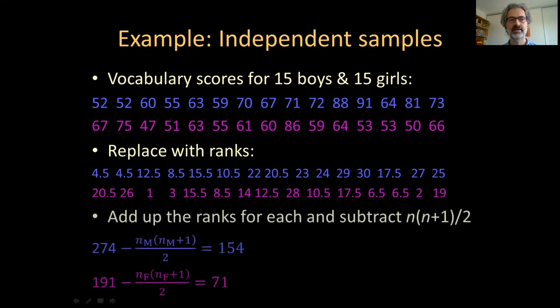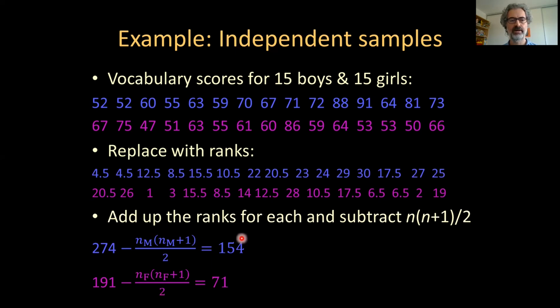So what we can do next is to add up the ranks for one group. So add all these up. The sum of these numbers is 274. And then we subtract from this number this factor here. So this is the sample size for this group: the number of boys times the number of boys plus 1, divided by 2.